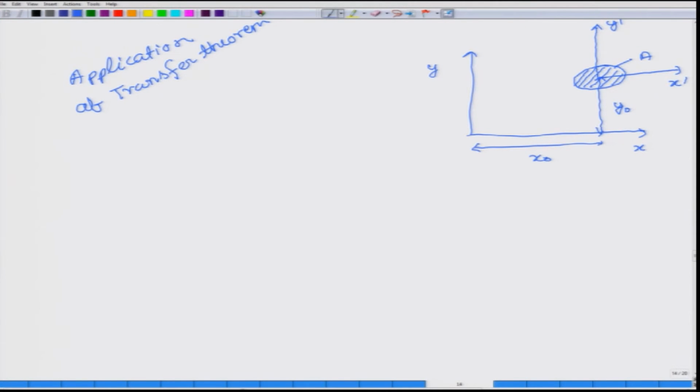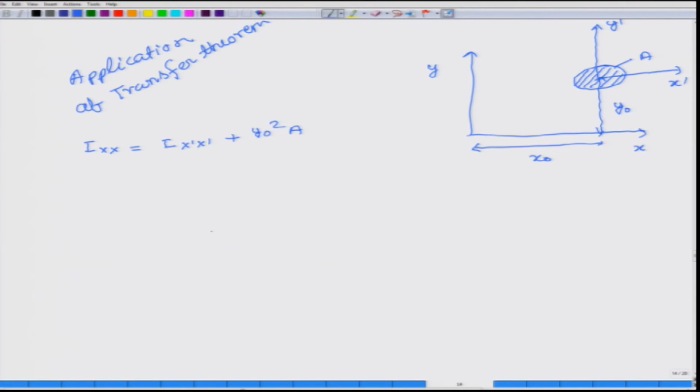So, transfer theorem says that Ixx, that is the moment of this area with respect to xy axis, is equal to Ix'x' plus y naught square into A, right, where this Ix'x' is the moment of this area with respect to these axes x prime, y prime.